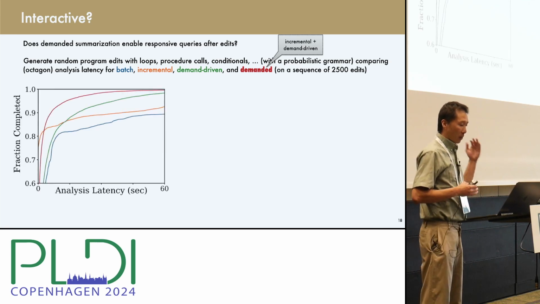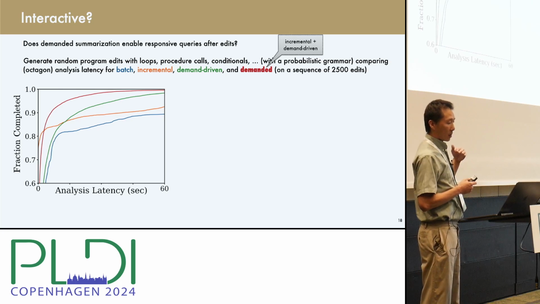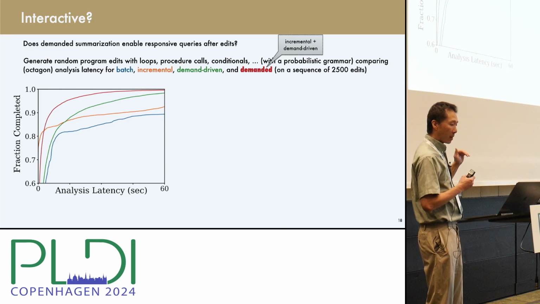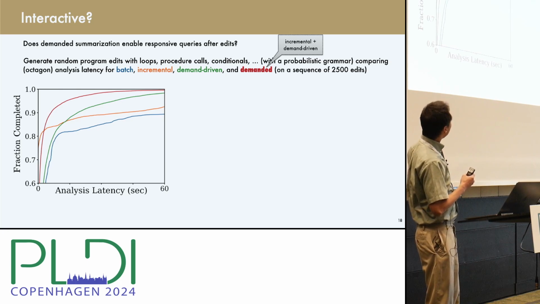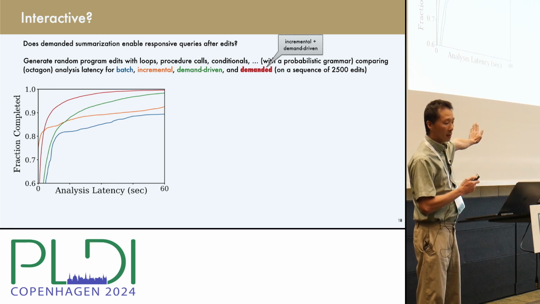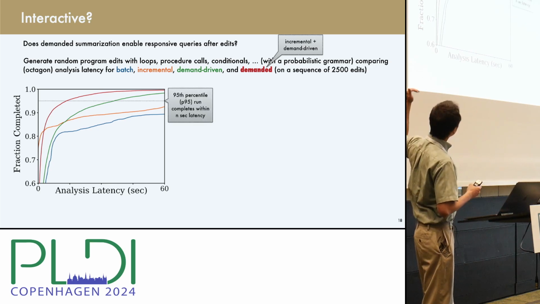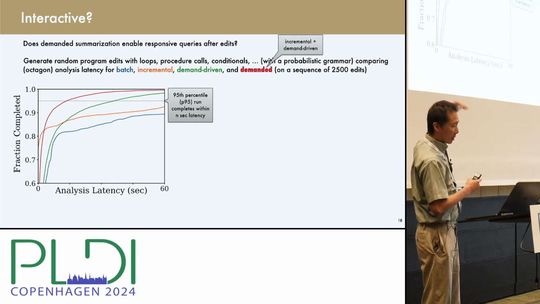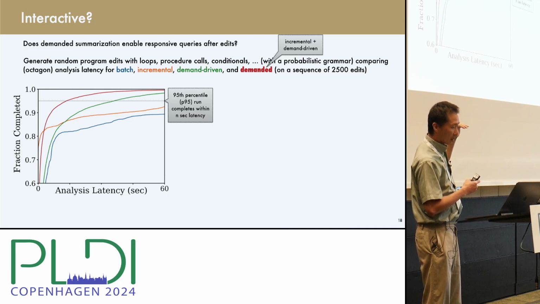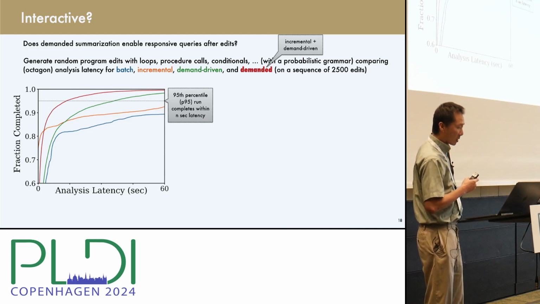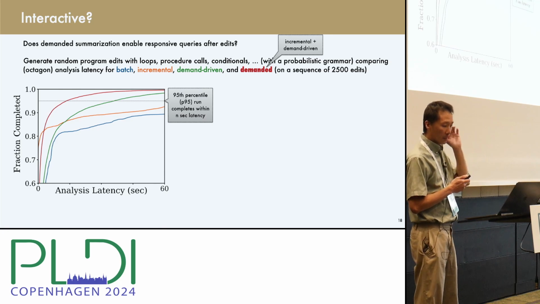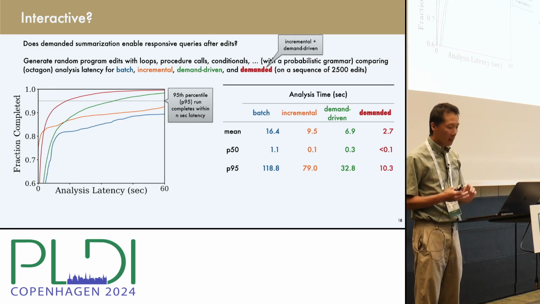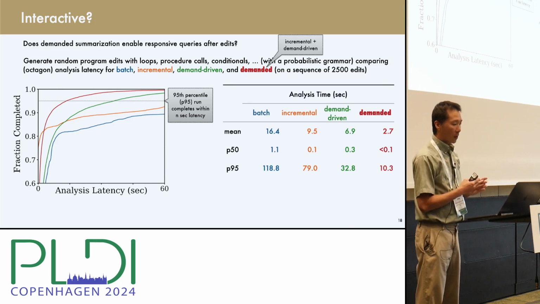Let me show you one way of looking at this data. Here's a cumulative distribution graph where the y-axis is the fraction completed within the analysis latency on the x-axis. If I draw this 95th percentile line, or P95, then wherever it crosses is the latency within which 95 percent will complete. Taking that data, I can summarize it into a table on the right, again for these four configurations.